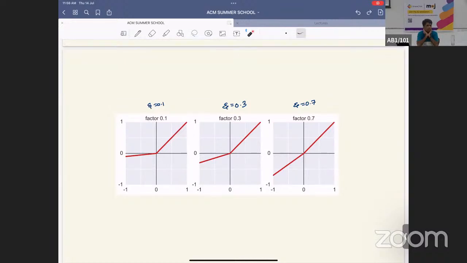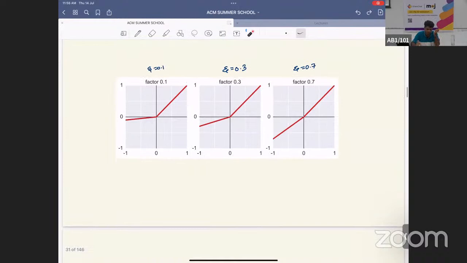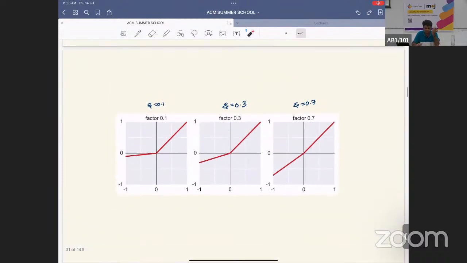As the eta goes close towards 0, it approaches the ReLU activation function. And if the eta is going close towards 1, it is going towards the linear activation function. Eta term decides whether it goes towards ReLU or the linear activation function.